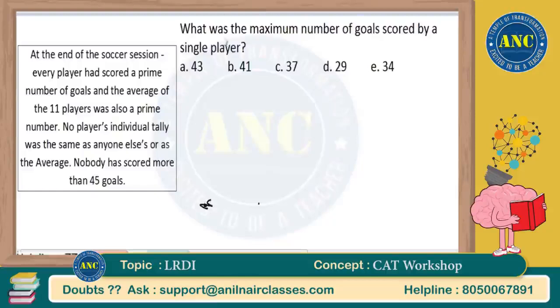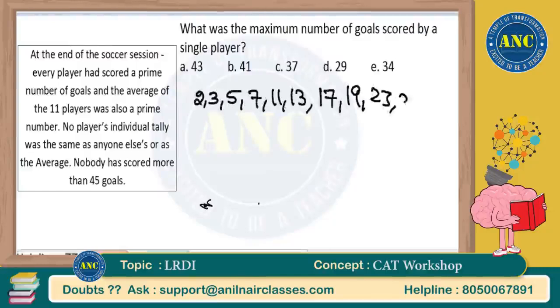Right. What is the next question? Once you understand, these are all easy questions. What are the numbers we eliminated? 2, 3, 5, 7, 11, 13, 17, 19, 23, 29, 31, 37, 41, 43.